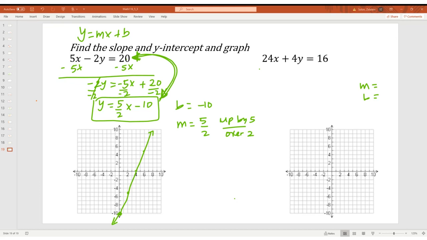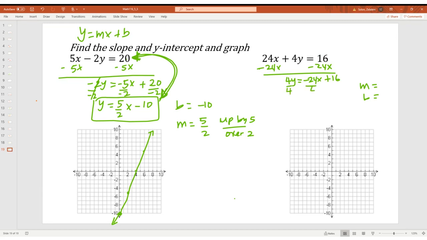So you subtract 24x from both sides. That means you have 4y equals -24x plus 16. Then you have to divide each by 4. Don't forget to divide by 4.